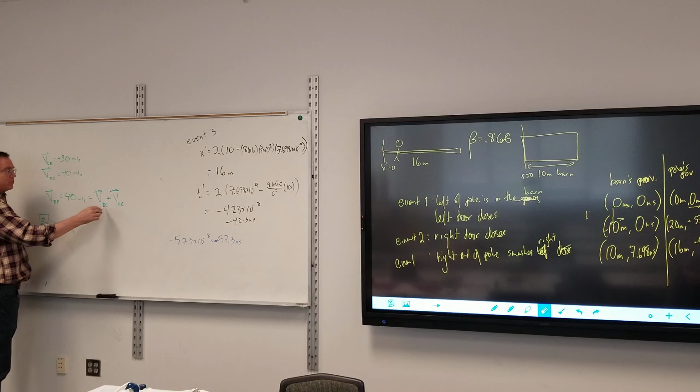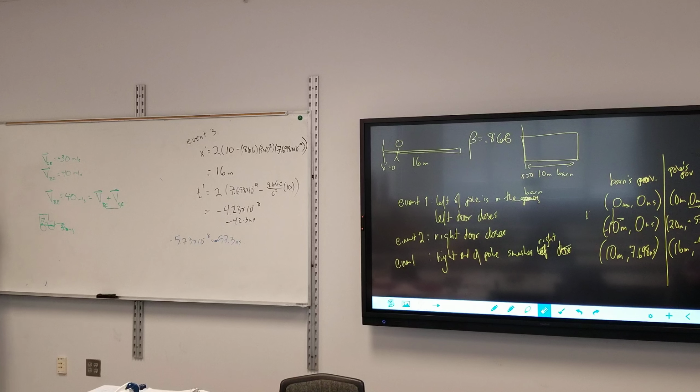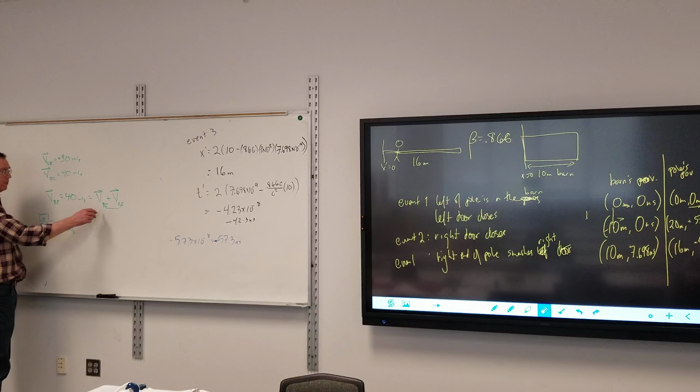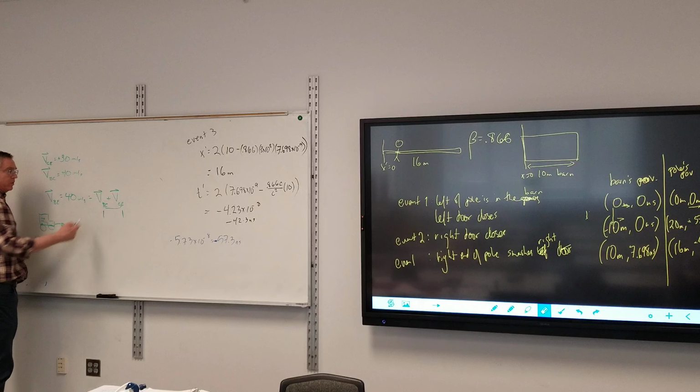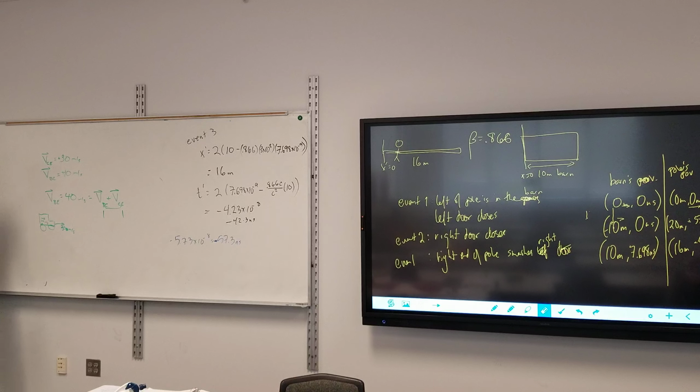If you can set it up this way so that the second letter here and the first letter here are the same, then when doing addition, you end up with ball with respect to Earth. Galilean relativity, 40 meters per second.